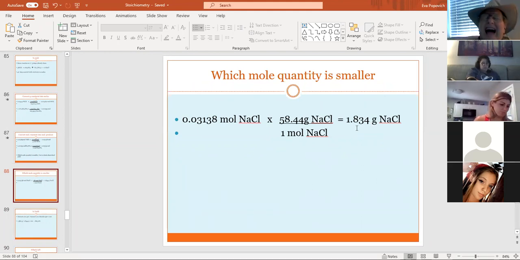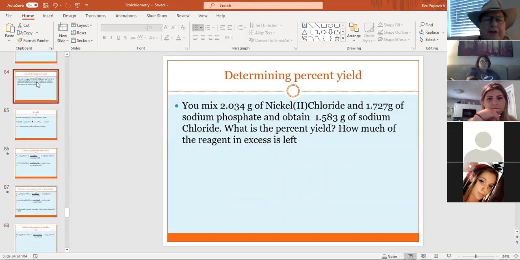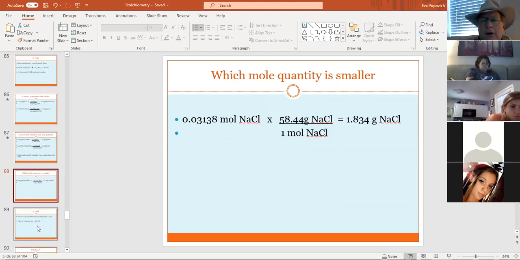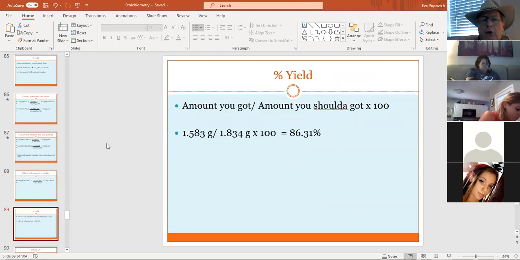This means I should have gotten back 1.834 grams of sodium chloride. Remember, stoichiometry is going to give you what you should get back. But I only got 1.583 grams of sodium chloride. So I simply put what I did get back divided by what I should have gotten back and multiply by 100. My percent yield is 86.31.